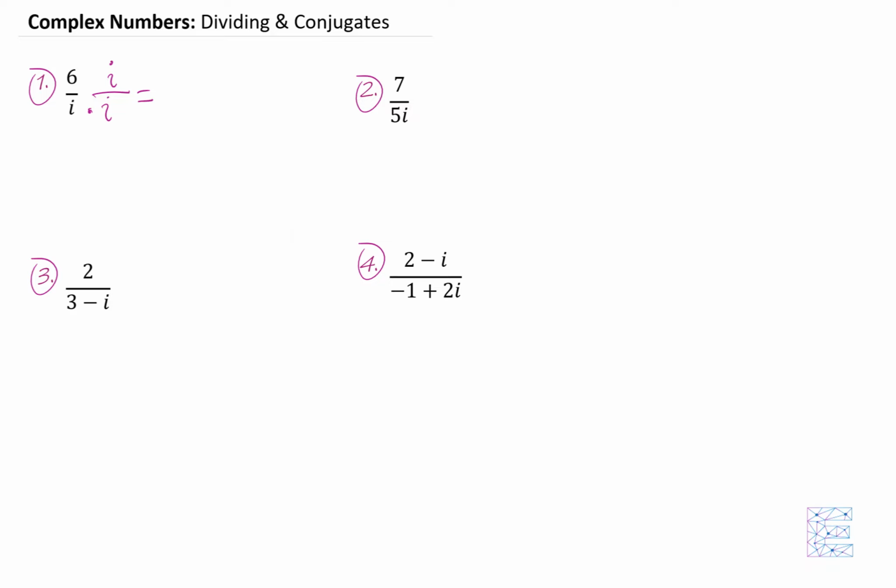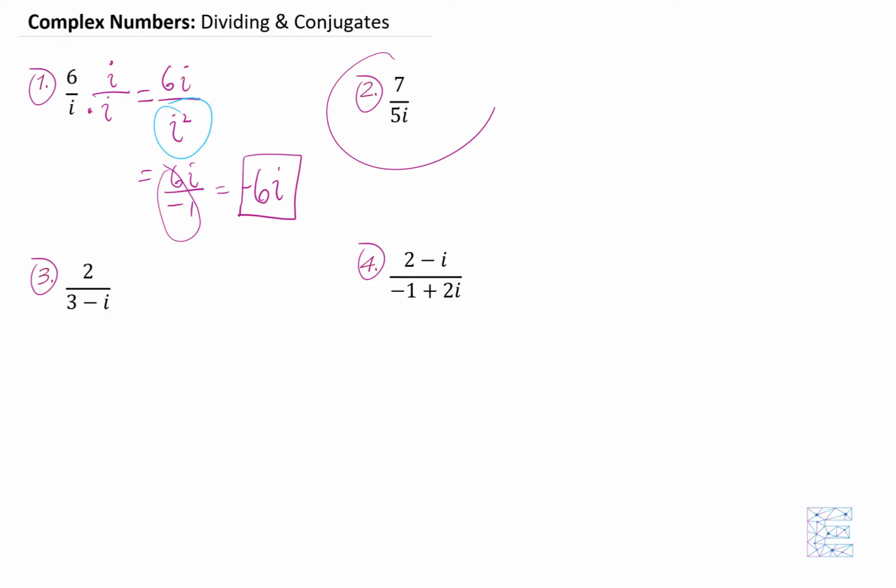And now we have 6 times I up top, which is 6I, over I times I, which is I squared. Now remember, we learned that I squared is an actual number. It is equal to -1. So this is actually 6I over -1. And 6 divided by -1 is simply -6I. That will be the answer to this first question.